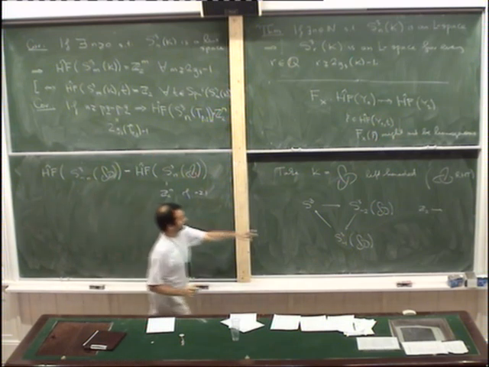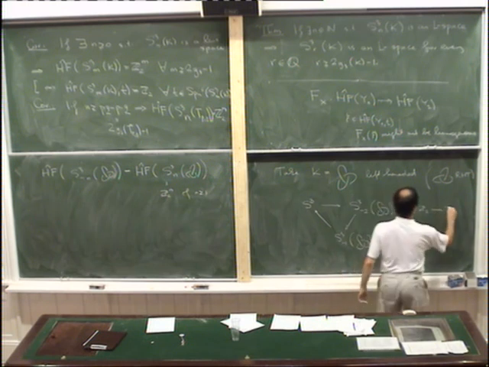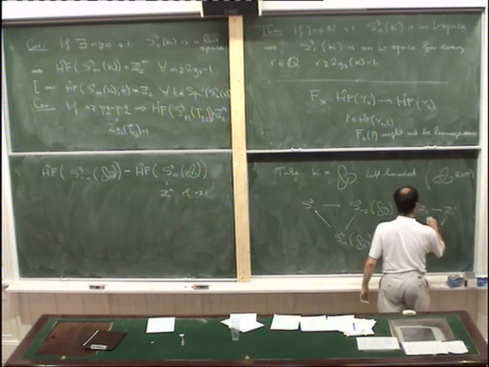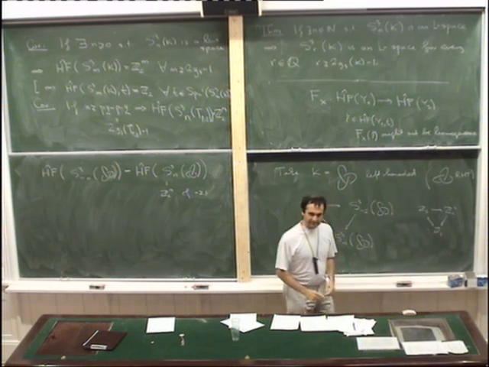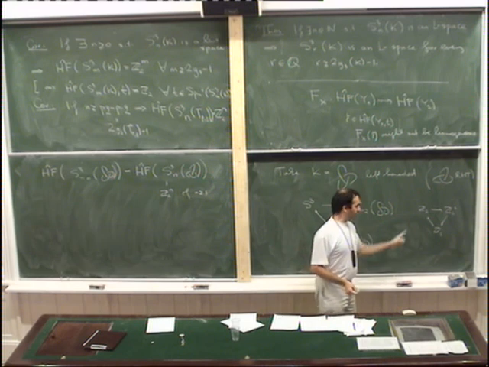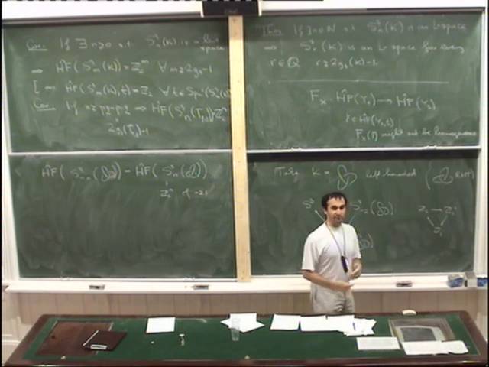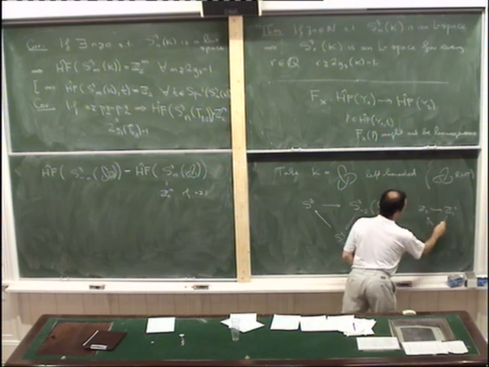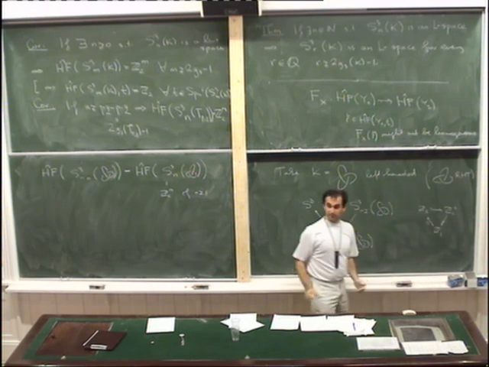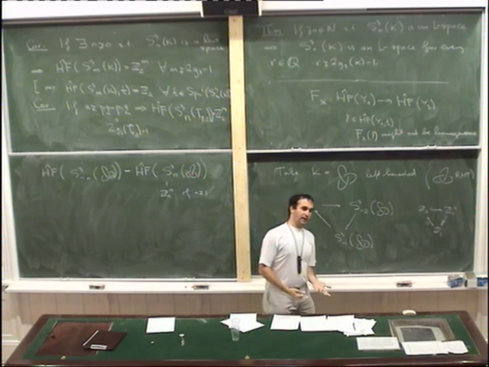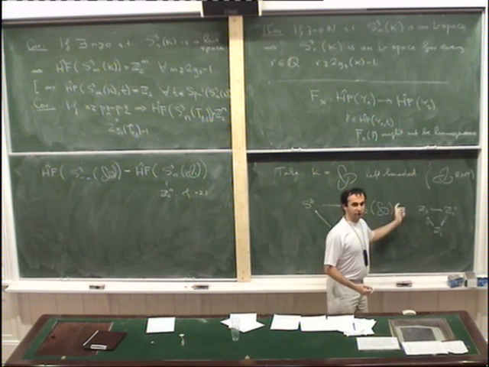We just substitute back, and the assumption for n is just that it should be at least 1. Okay, so let's put it in here. So here we have a Z2 squared, and here we have a Z2. And this is an exact sequence. Now, it only needs a moment of thought to realize that it can happen only in one way, which means that this map should be 0, this should be injective, and this should be surjective. So this is one way of getting information about the maps in various triangles.